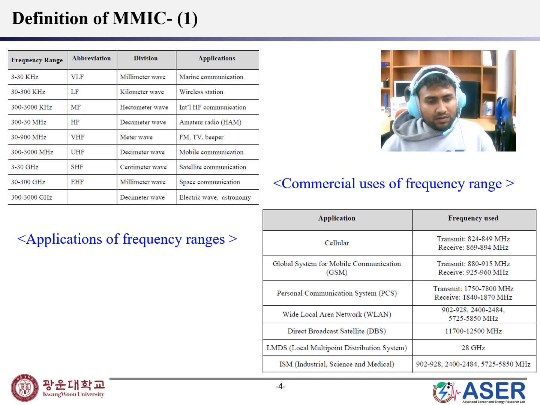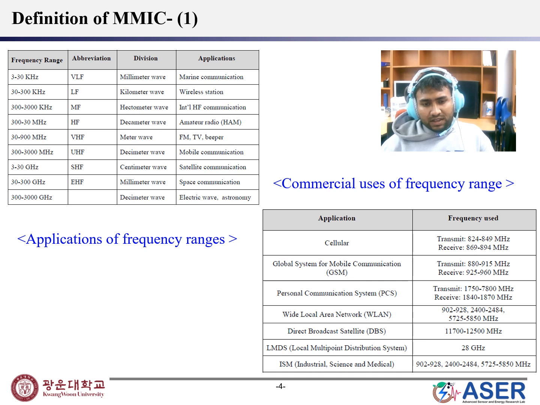For GSM, global system for mobile communication, the transmit range is 880 to 915 megahertz and the receiver frequency range is 925 to 960 megahertz.